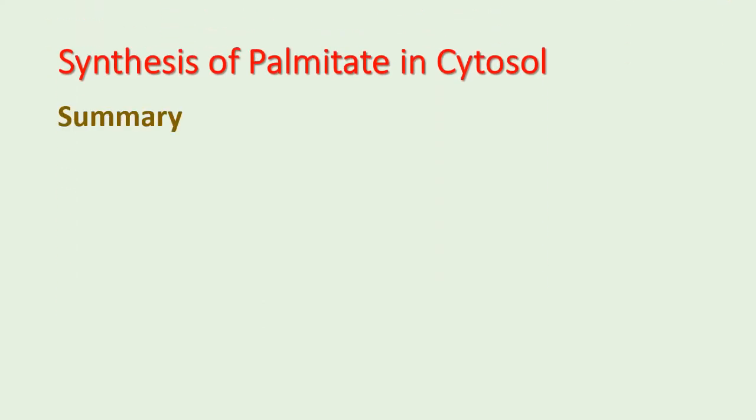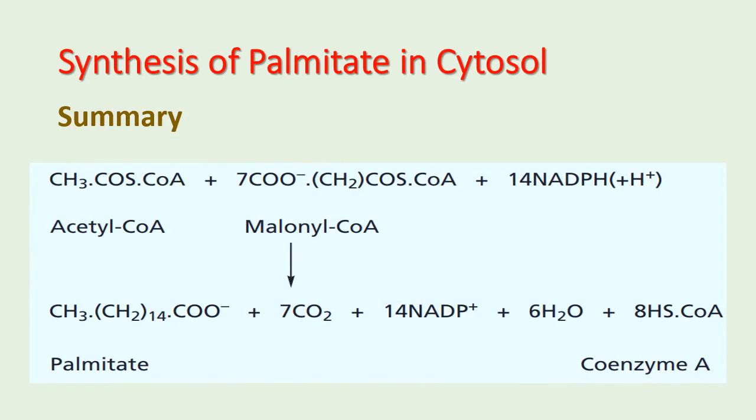As a summary, if we look at the complete reaction of palmitate production, acetyl CoA, a 2-carbon fatty acid, is combined with 7 malonyl CoA and with 14 NADPH as a source of energy or reducing equivalents.